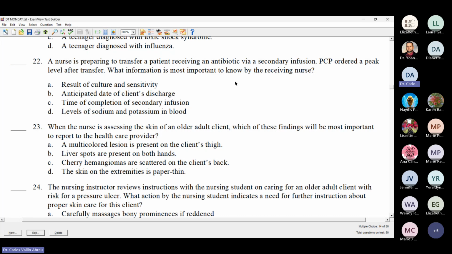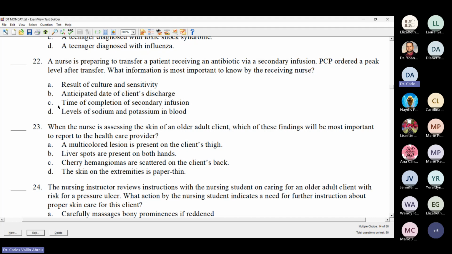You understand? So you need to wait until the secondary infusion finishes. Suppose it is going to be passed in 30 minutes, as in the previous example. You need to wait for it to finish and then go and draw the blood to obtain the blood level for the peak. That is after the dose is given, after the dose is finished.